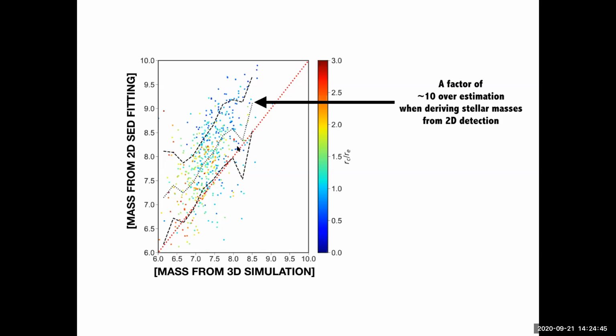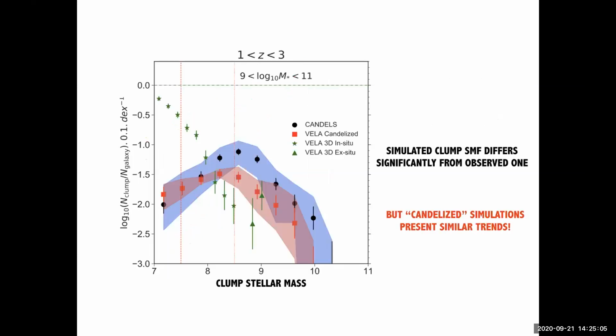What you get is a correlation, although with lots of scatter, and this is the median. But you see a huge overestimation, which can go to a factor of 10. So when you go through this pipeline and estimate the mass from HST imaging and SED fitting, you get a factor of 10 overestimate, which creates partly this effect.